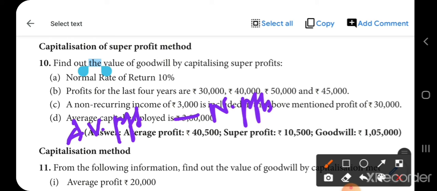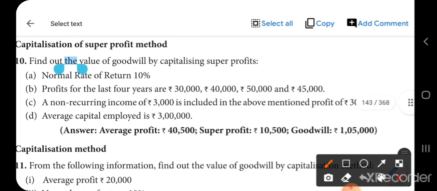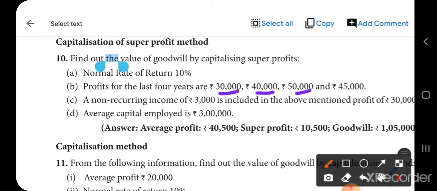Now, normal profit, how will you calculate? Capital employed into normal rate. That is 3 lakh into 10%, you get the normal profit. Now, average profit will be the total profit divided by number of years. This 30,000 includes 3,000 non-recurring income.